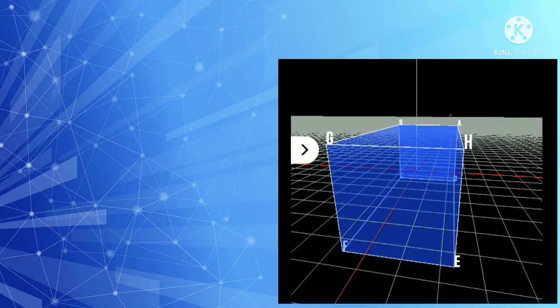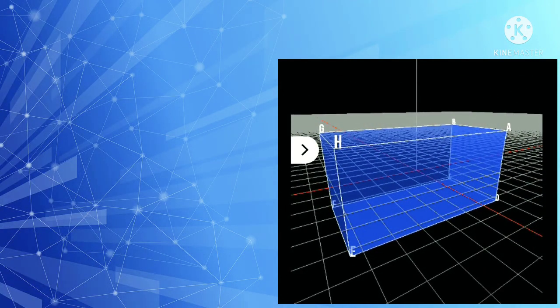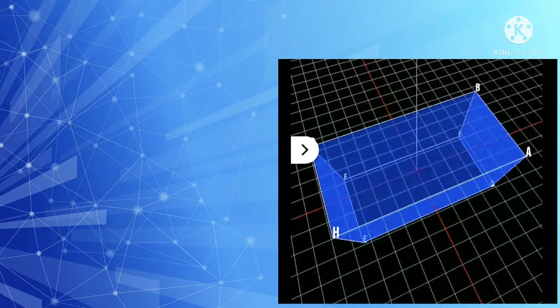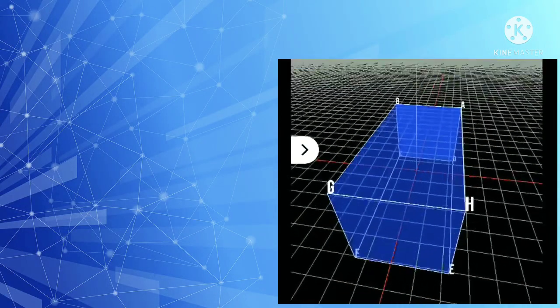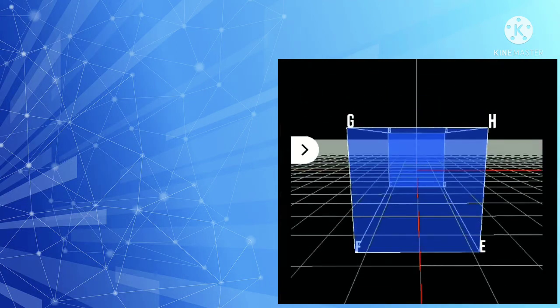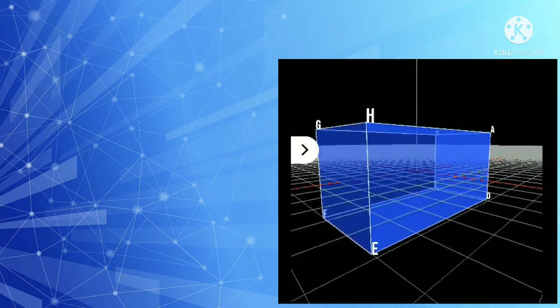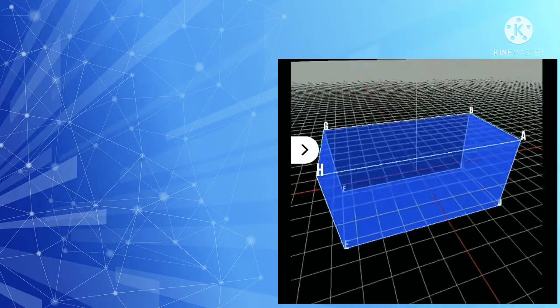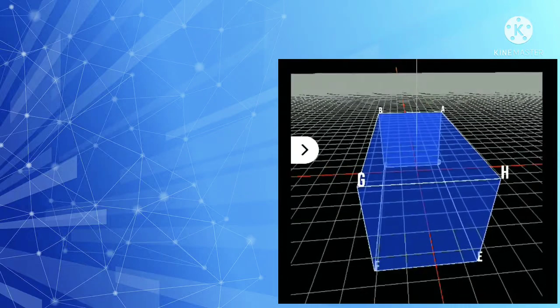The third one is G, H, E, F. Then H, A, D, E is the fourth one. That means there are 4 faces inside. And the top is A, B, G, H, and the bottom is E, F, C, D. So how many faces are there in total? Total 6 faces. It is easier to visualize with the 3-dimensional diagram. So for this cuboid, what we have to find out is the surface area of this cuboid.